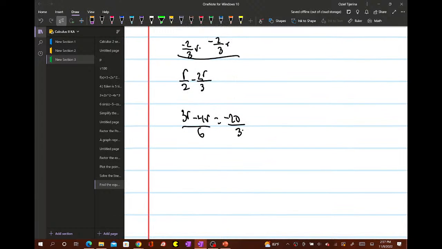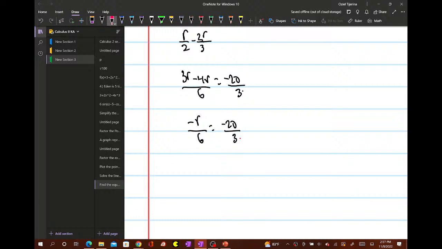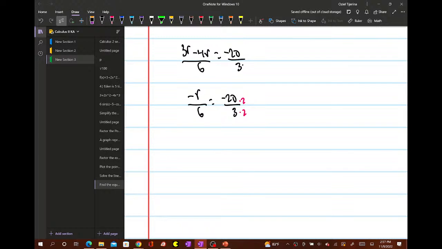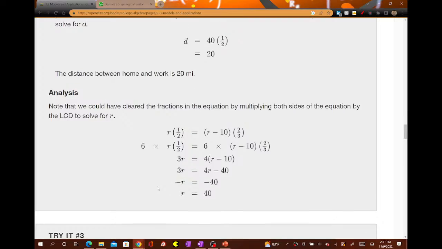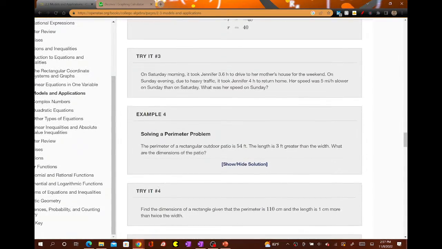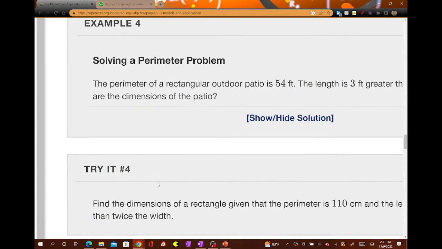Okay, so negative r over 6 equals negative 20 over 3. Now if you get the common denominator, you get that negative r is negative 40. And if you divide both sides by negative 1, you get that r equals 40. So yeah, like I said, guys, this section is really difficult. Let's see. I think this next one's a little bit easier.